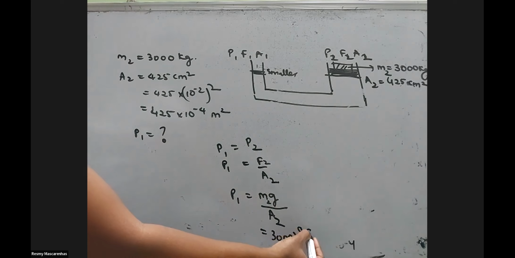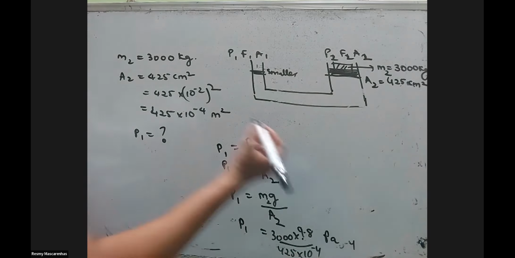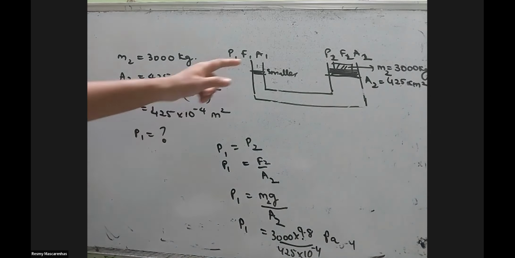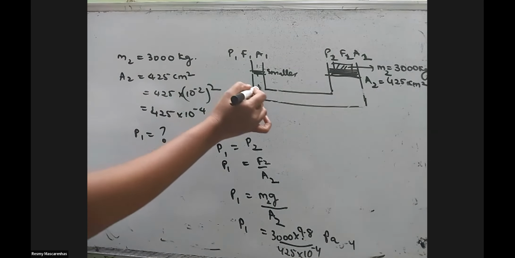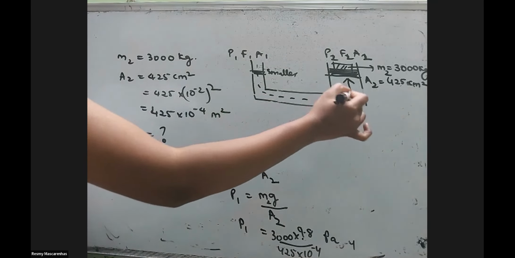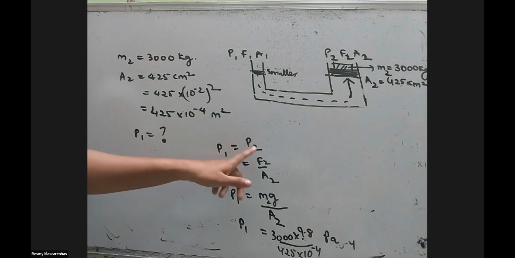Gravity you can use 9.8, upon 425 into 10 raised to minus 4. So that would be your answer. After calculating, whatever answer you get will be the pressure you have to apply so that it can lift 3000 kg. This pressure always goes here and exerts force. Always remember P1 equals P2.